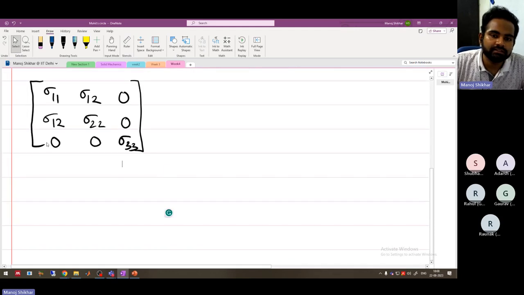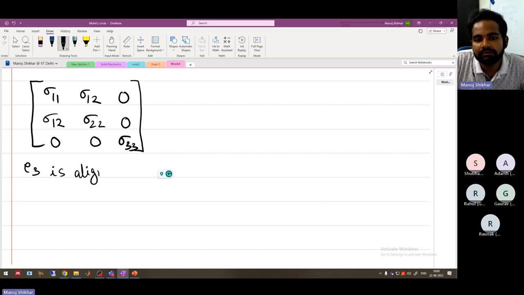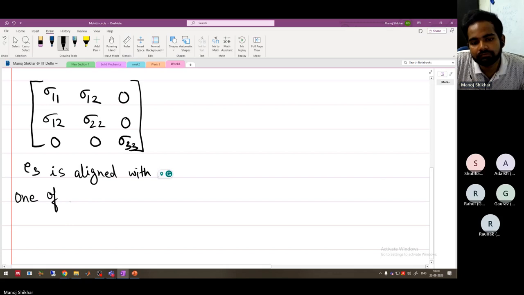So in this case, one of the axes, the third axis E3, is aligned with one of the normals of principal planes.